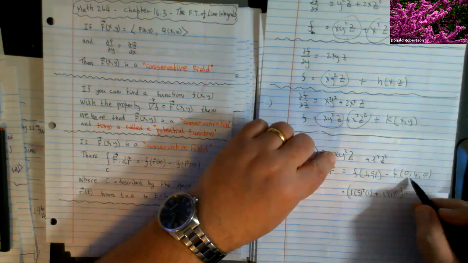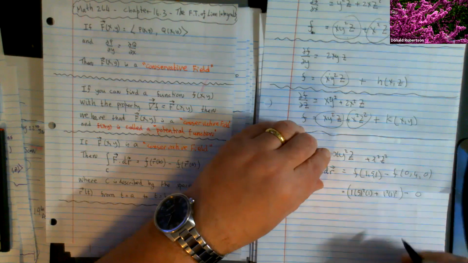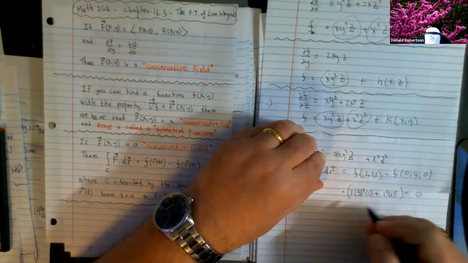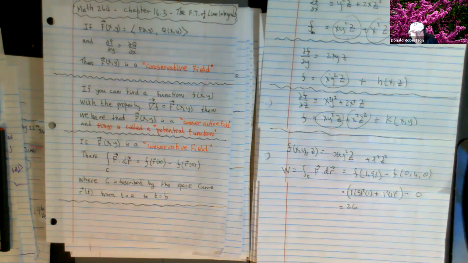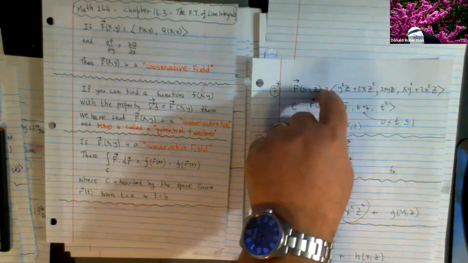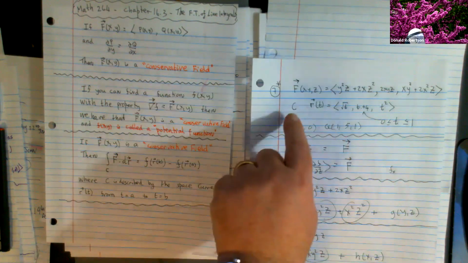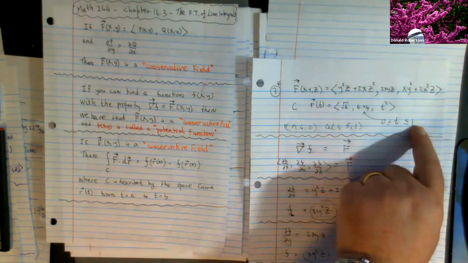Well, who cares? Just a whole load of zeros. 25 add 1, I believe the answer is 26. So the work done in moving through this vector field along this space curve from 0 to 1 will be 26 units.